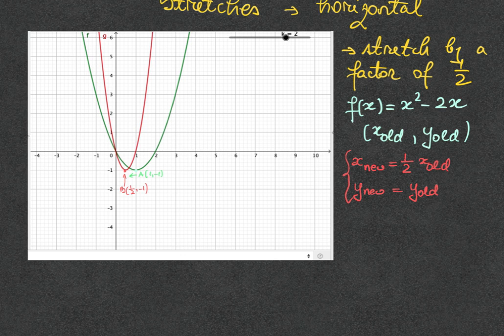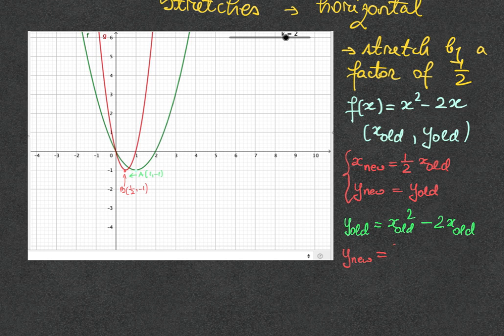Therefore, same as before, I will need to get the equation in terms of the new coordinates. So my old equation was y old equals x old squared minus 2 times x old. These were the points on the old equation. Now on the new equation, y new is the same as y old, so I can replace it here.